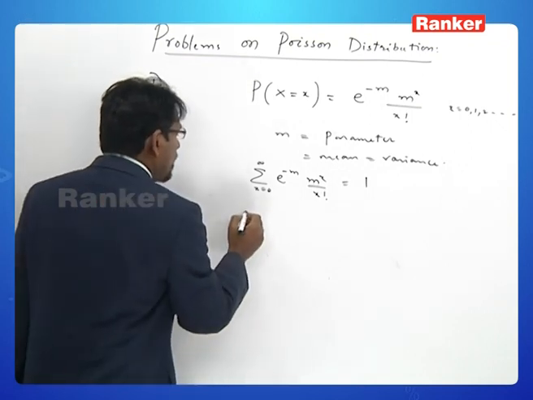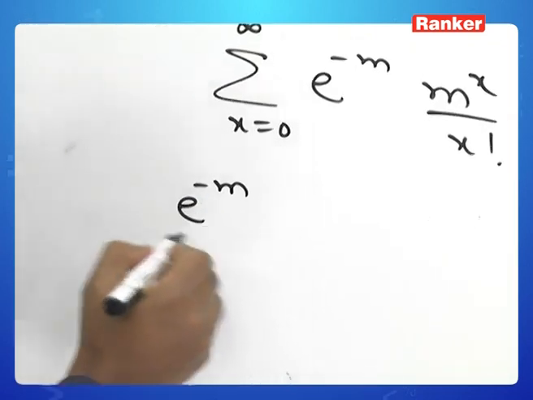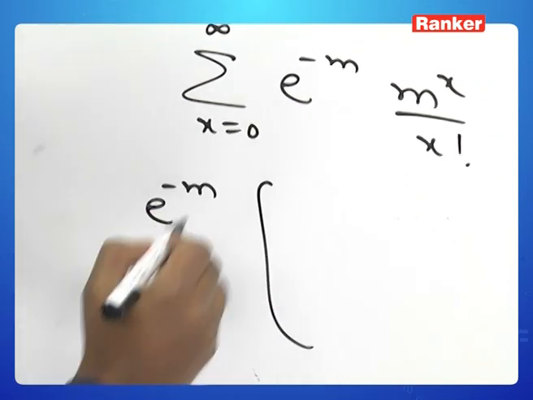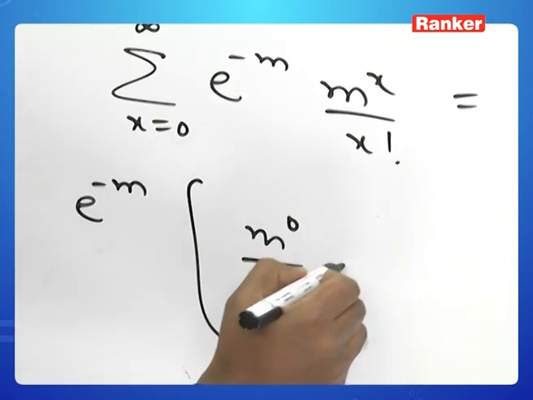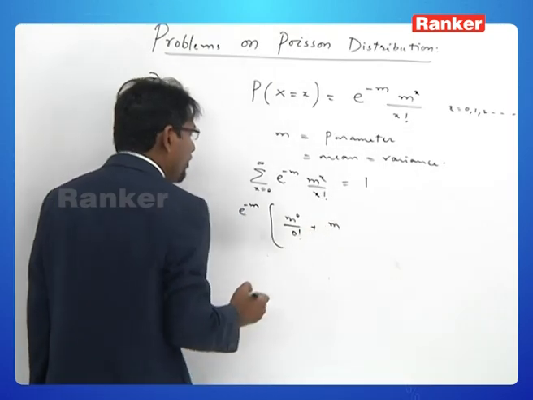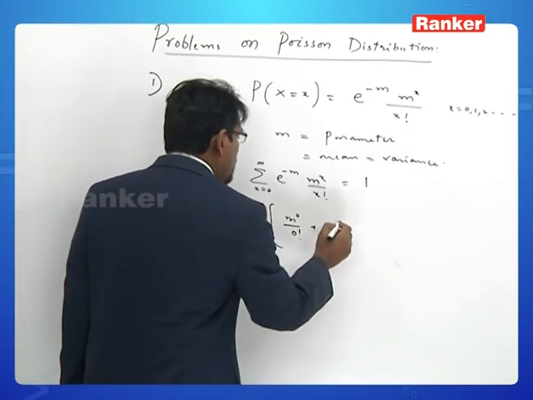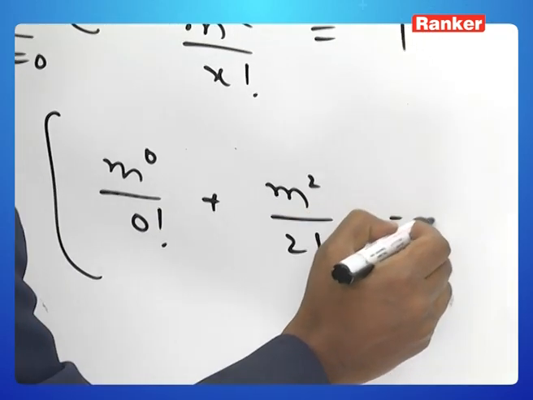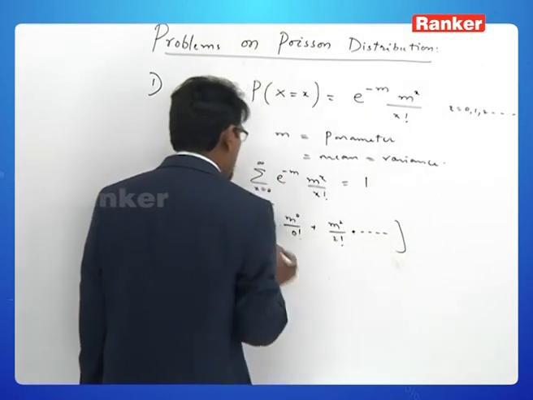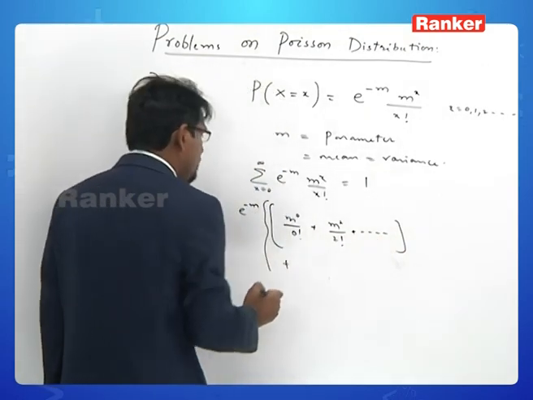So, e power minus m can be taken out common. Now, we have m power 0 by 0 factorial, m power 1, next m power 2 by 2 factorial, plus so on and so forth.